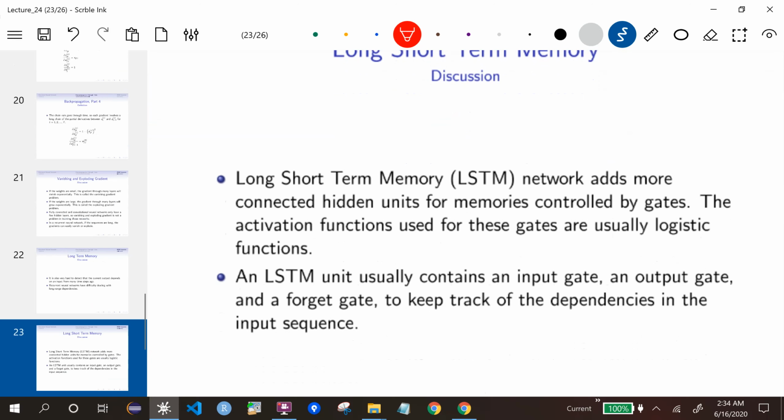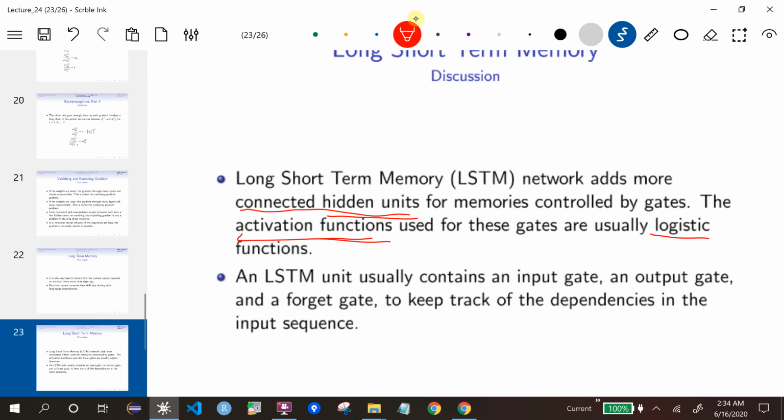So roughly speaking, maybe it's not exactly correct, but roughly we're just adding more connected hidden units, and we're adding more activation functions. So that's the basic idea here. We're going to add to the structure of the network, and hopefully those new hidden units can keep track of the memory better with some kind of special activation functions.